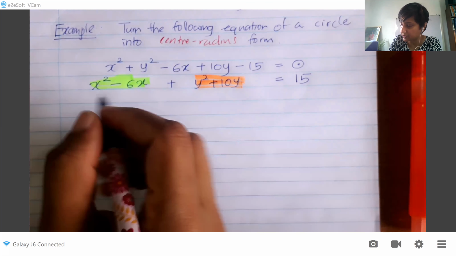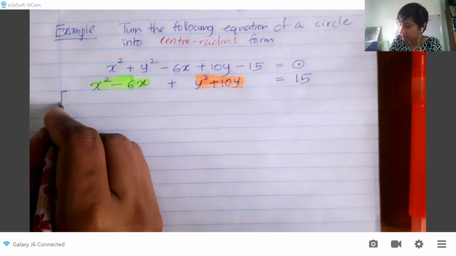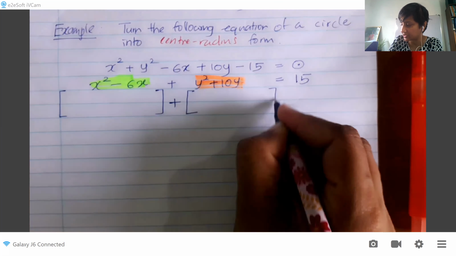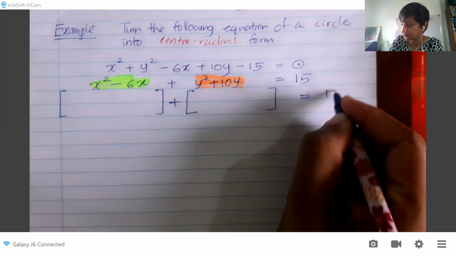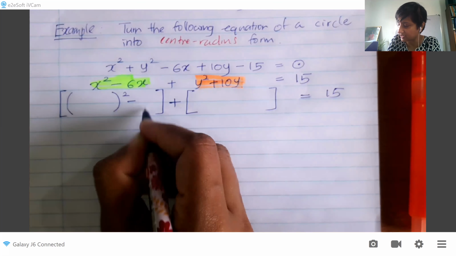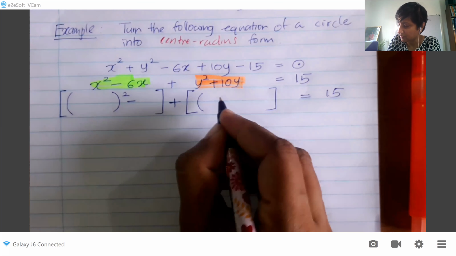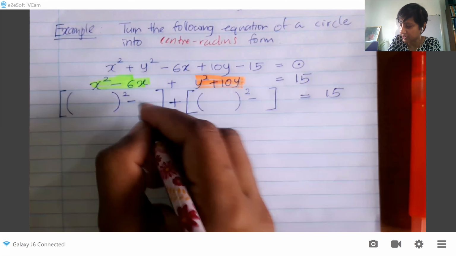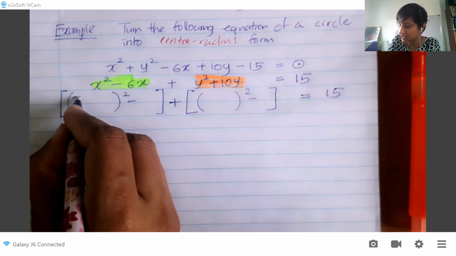I'm going to put a big bracket here for this, plus a big bracket for this. I'm going to have something square minus a number square, and again here something square minus a number square, right? So what do I get here? x, this same sign, minus.